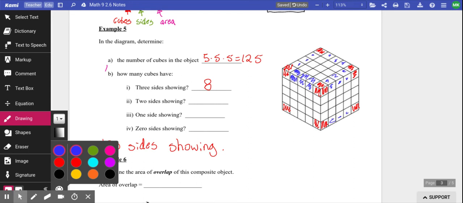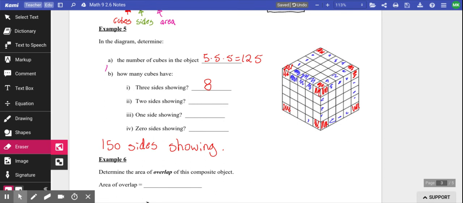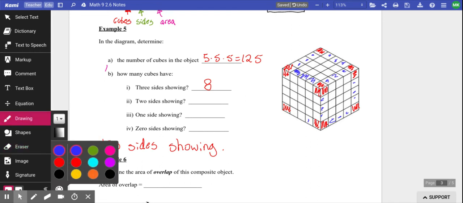Oh, I'm lying. When we're counting a cube, this is 1, 2, 3, 4, 5, 6, 7, 8, 9, 10, 11, 12. There's 12 cubes that have 2 sides showing. But now I don't want to count them over here, right? Because I already counted that as 1 cube.